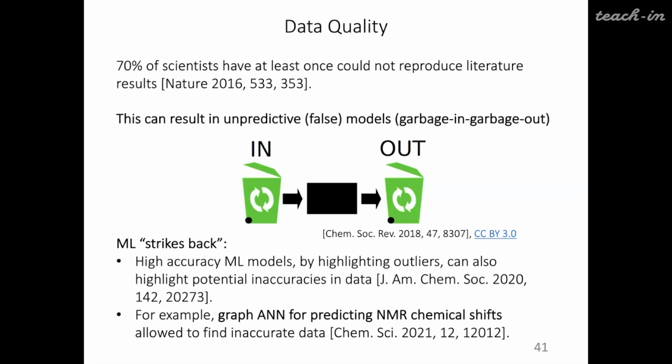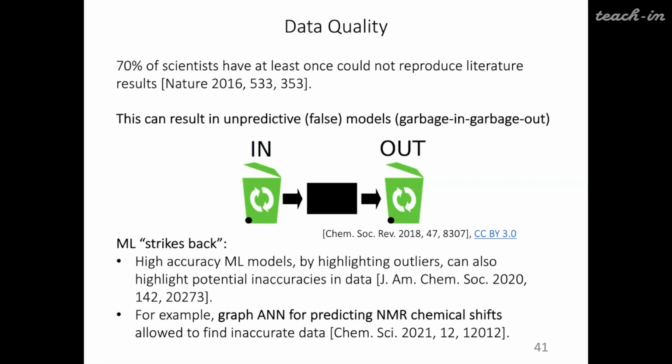However, here we should also mention that machine learning sometimes strikes back. Some high accuracy machine learning models allow us to highlight outliers in both training and test data sets.